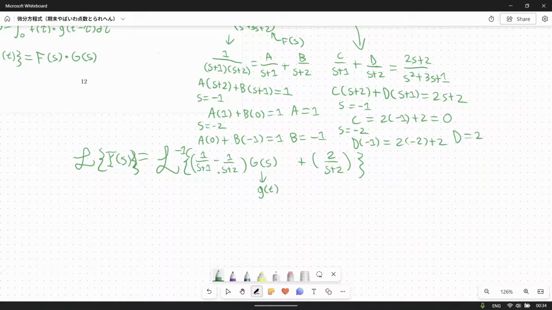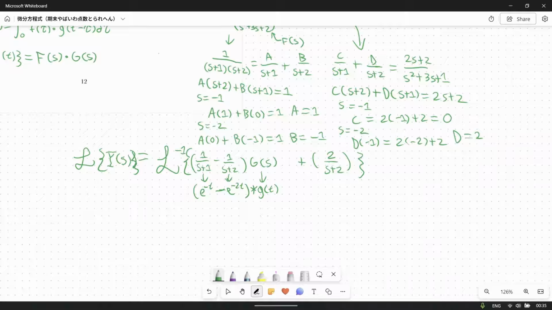Looking at our Laplace table, each of these fractions is reminiscent of the Laplace transform of e to the at, and so this is going to turn into negative e to the negative 2t, and then this is going to turn into e to the negative t, like so. And then we can say that this is going to be convoluted with g of t.